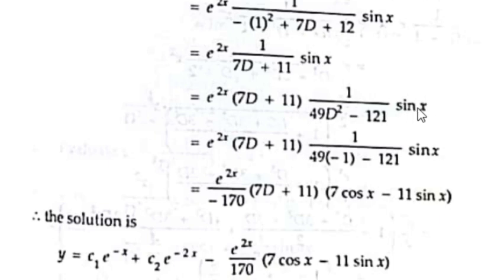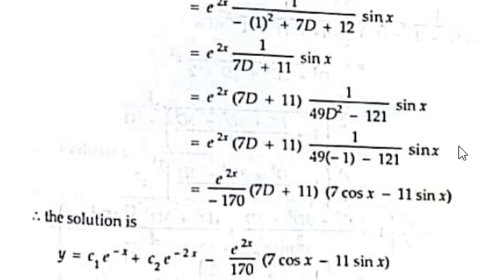Now again we apply the sine rule, so d squared is replaced by minus a squared: 1 divided by (49 into minus 1 minus 121), which is 1 divided by minus 170, into (7d minus 11) sin x. We have to operate this on sin x.